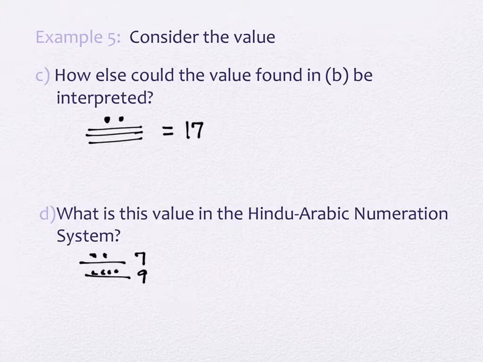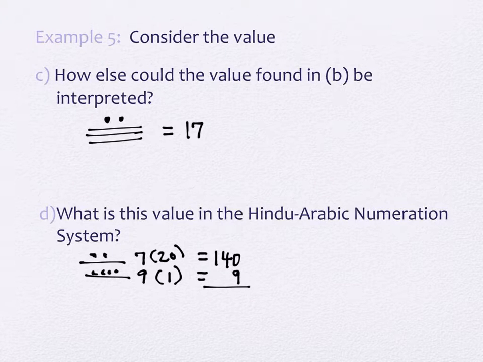Or you know what, let me write it the way I just did on the last slide: 7 in the 20s place, 9 in the ones place. So what is 7 times 20? Think dollar bills. Yep, that's 140, right? And then 9 times 1? 9. And you add them together, you get 149. That's what the original value is.